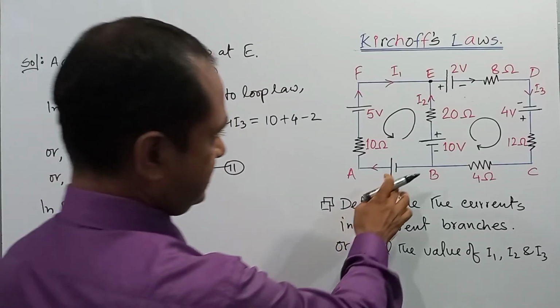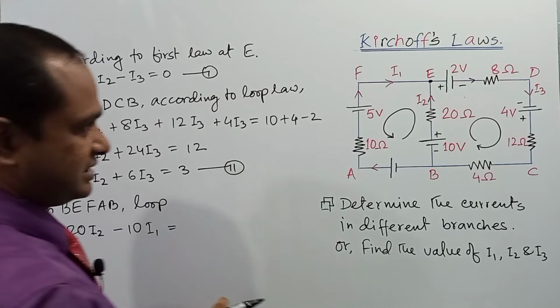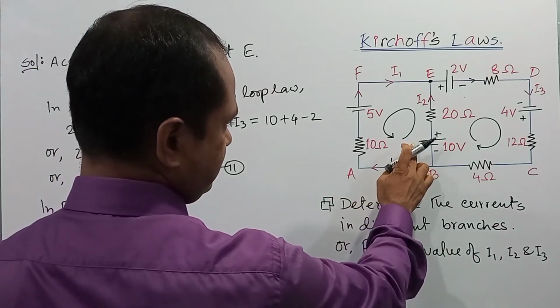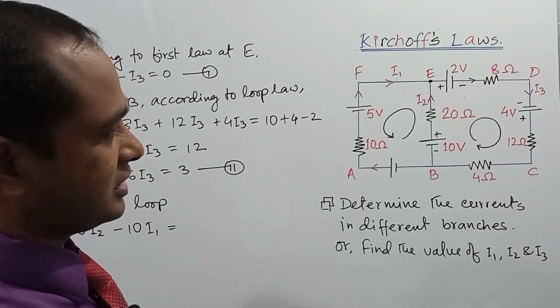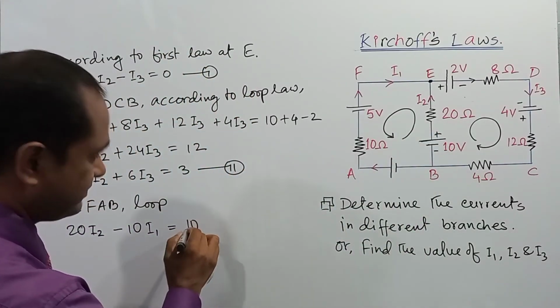Okay, so there is no resistance in the third branch, so it will be the algebraic sum of the electromotive force. Here the direction of the current in the cell is anti-clockwise, so it will be positive, so it is 10.